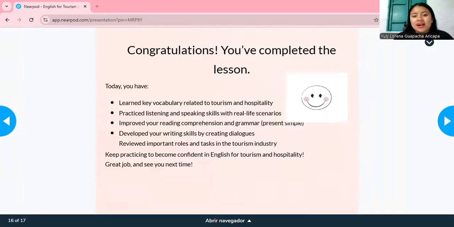And in this part we find congratulations. You have completed the lesson. Today you have learned key vocabulary related to tourism and hospitality, and practiced listening and speaking skills, improved your reading comprehension, and grammar, in this case the use of present simple, developed your writing skills, and reviewed important roles and tasks in the tourist industry.